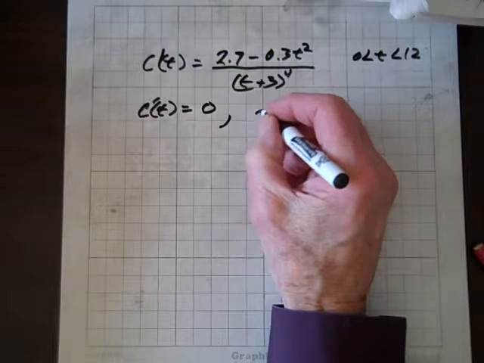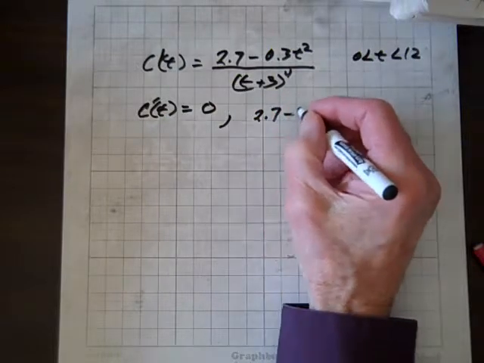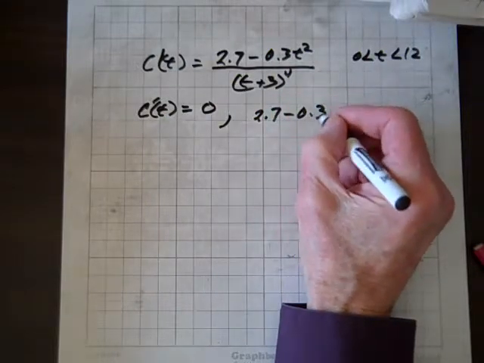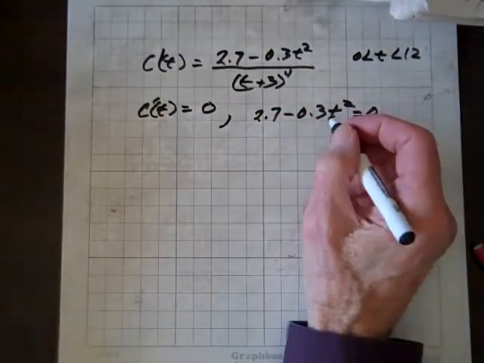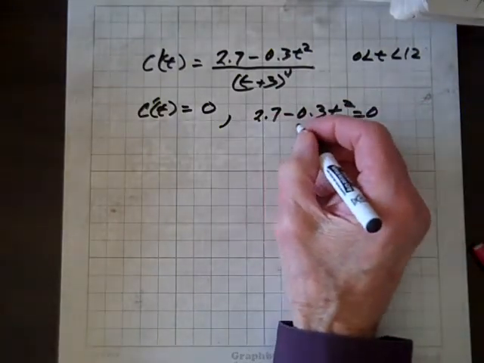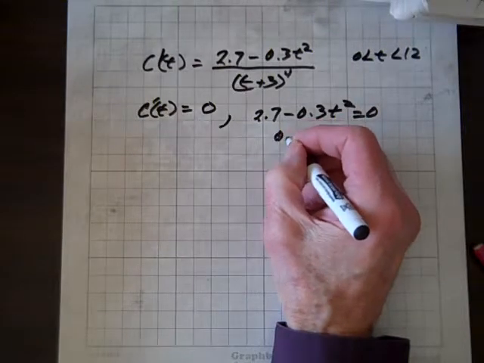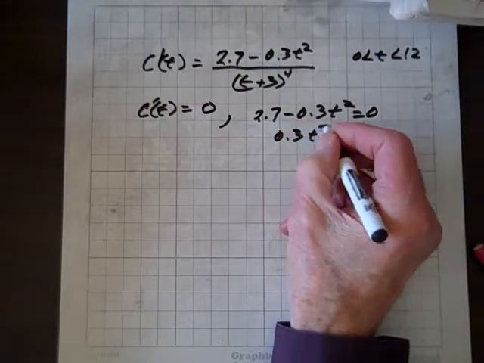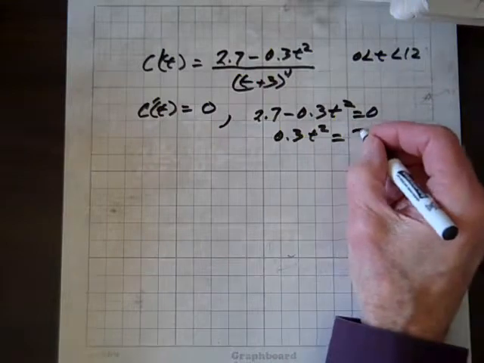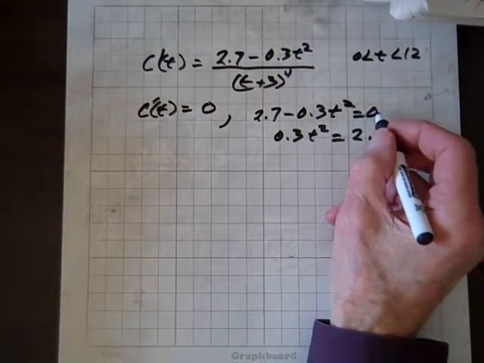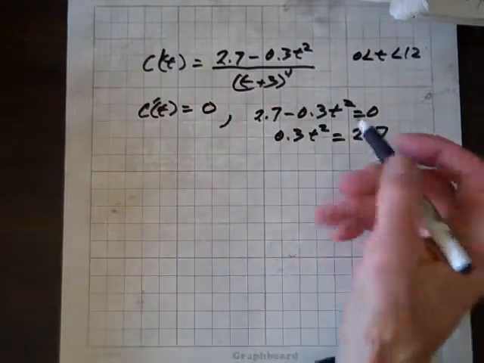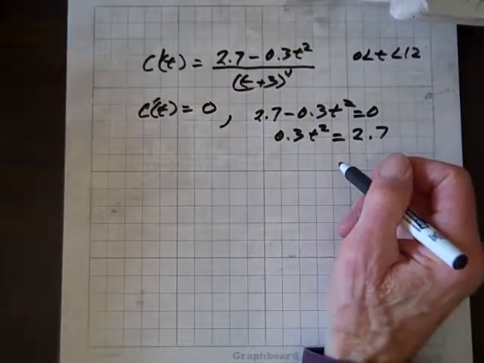And so we're going to set 2.7 minus 0.3t squared equals 0. In other words, you're going to have 0.3t squared equals 2.7. If we add this quantity to both sides and then switch sides, here we go.